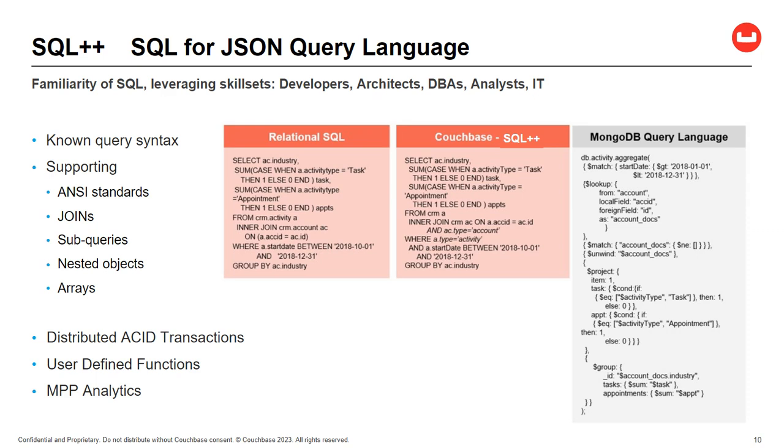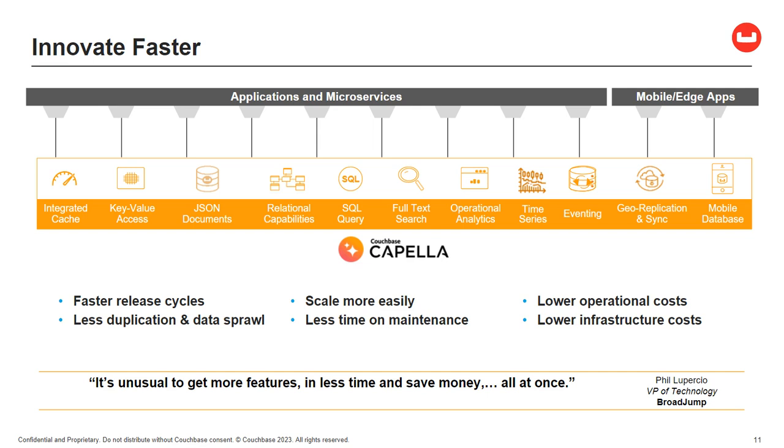So when I talk about, what's the effect of using Couchbase in this kind of environment, is you're going to enjoy faster release cycles because you're actually not managing as much stuff. You're going to have significantly less duplication and data sprawl.